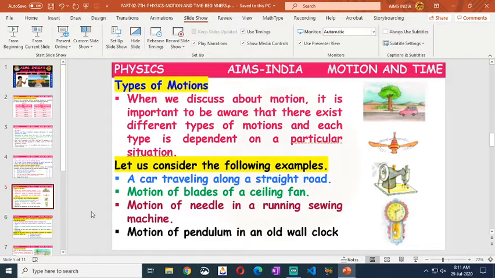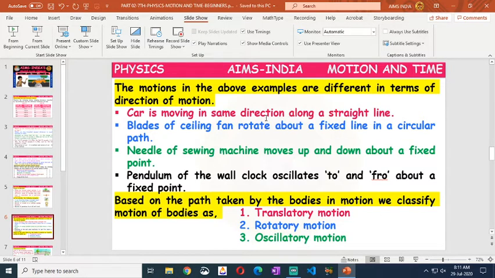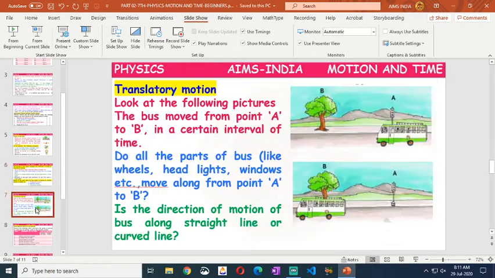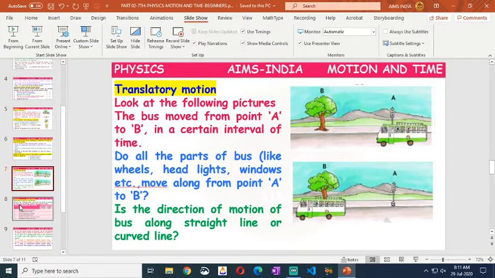So we have identified some uniform and non-uniform motions. Types of motions: some of them move along a straight line, some move in a circular path, some move up and down, some move to and fro. Based on that, we divided motions into three types: translatory, rotatory, oscillatory. Translatory means along with the body, all the points on the body will move, all the body parts will move in the same direction.